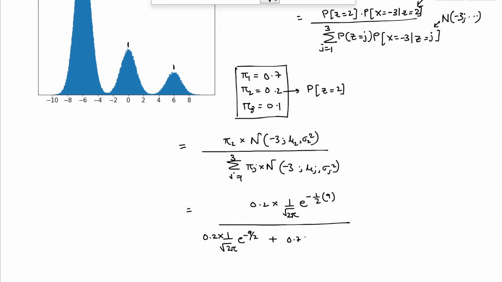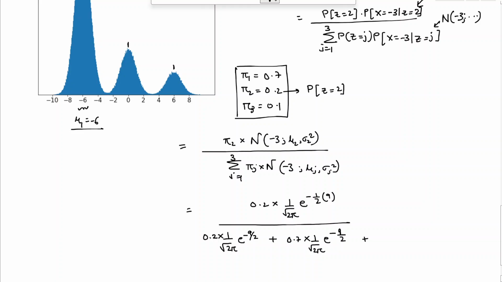That would be 0.7 multiplied by 1 by under root 2 pi, and then e to the power minus. Now, for the first mixture, the mean mu1 is equal to minus 6, right? So we can write this as minus 3 minus negative 6, which is 6 minus 3 whole square, which is again 9. So this is e to the power minus 9 by 2.